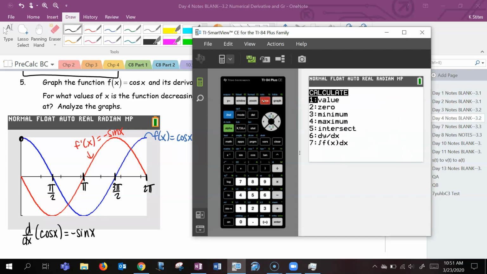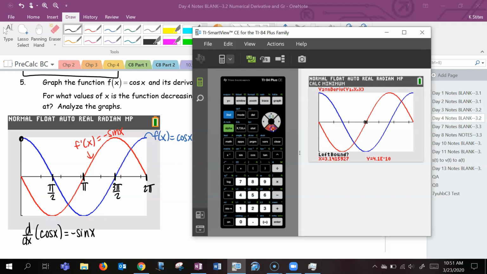So we can go ahead and we can find the min. Just make sure you're on the right graph. So red is the derivative. Oh, I keep going to the wrong one. Okay, enter. Enter.